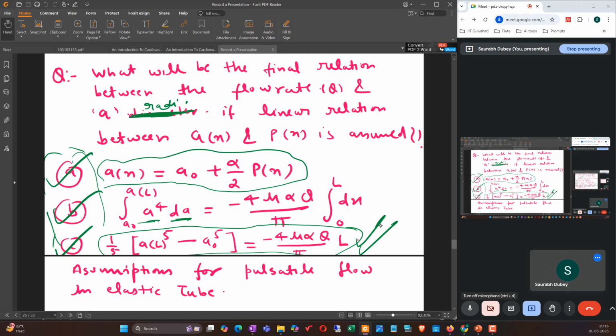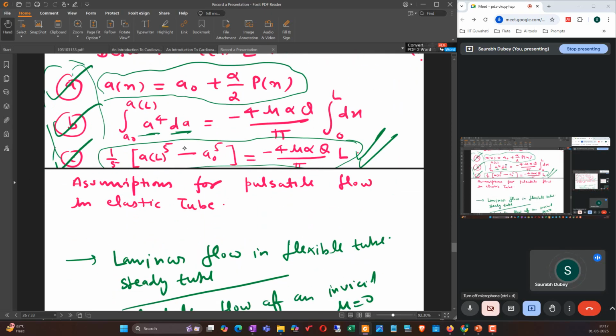This has been used when the relationship for the radii of the vessel was linear, depending upon the Womersley number, and the following solutions came up into the picture. So all of the questions are correct.